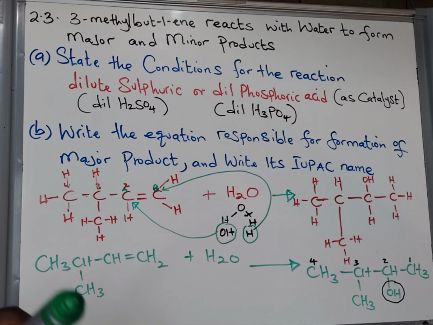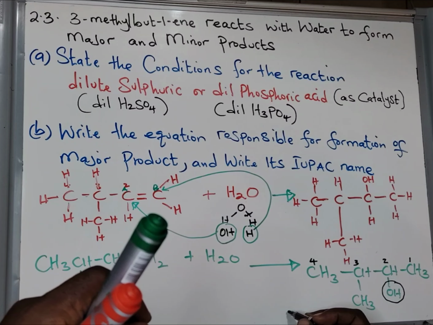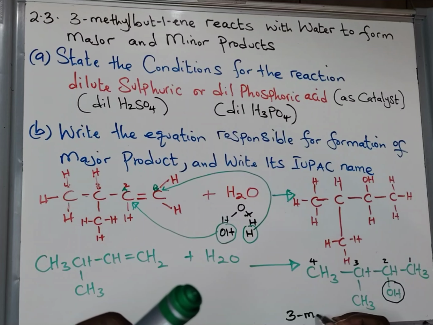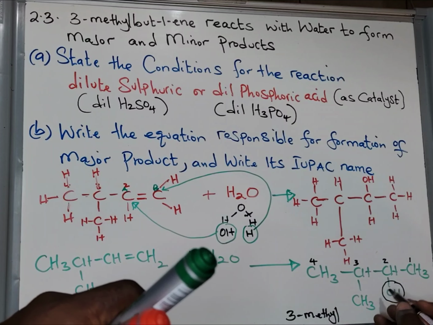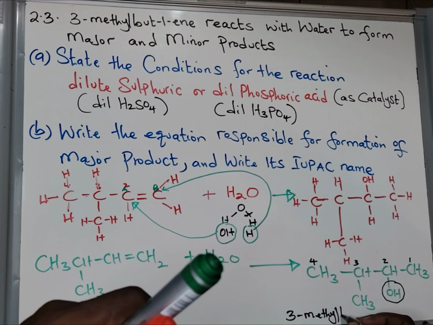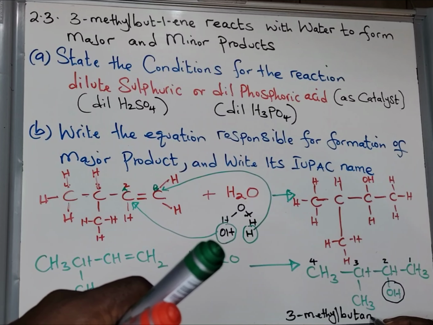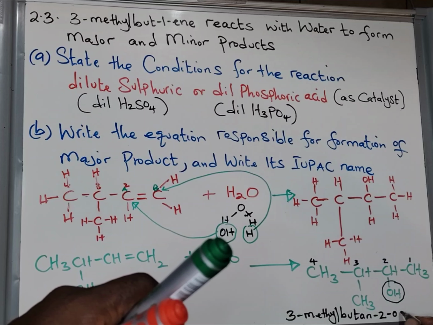And when that one is done, then we can say, because we are starting with our methyl, it is going to be 3-methyl-1,2,3,4 butane-2-ol.